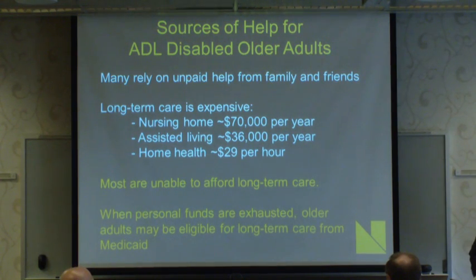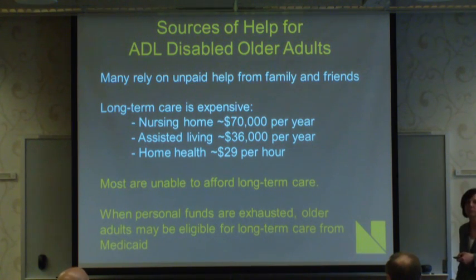Think of the generation who is now requiring long-term care and what their long-term benefits were when they were working. Typically, people will spend down their capital until they have no capital left. And then they have to depend on some sort of federally or state-funded long-term care.